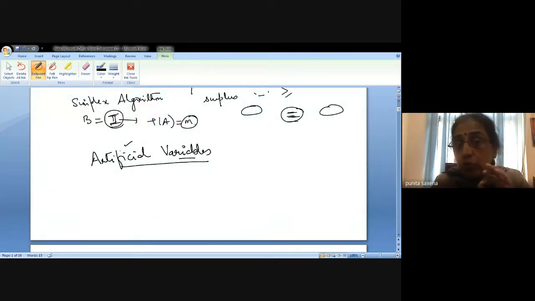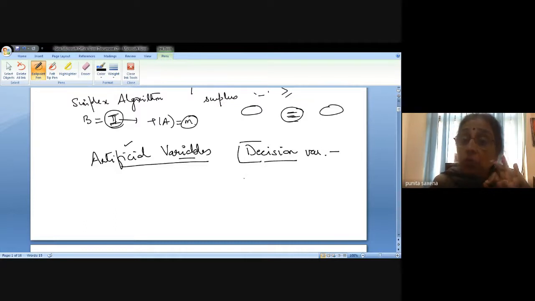That means they are not true variables. So far we have talked of decision variables, and we observe that these decision variables exist physically because our decision is going to be based on the values which they take. They contribute to the objective function as well, because the coefficients of the decision variables define the objective function, which is either to be maximized or minimized.